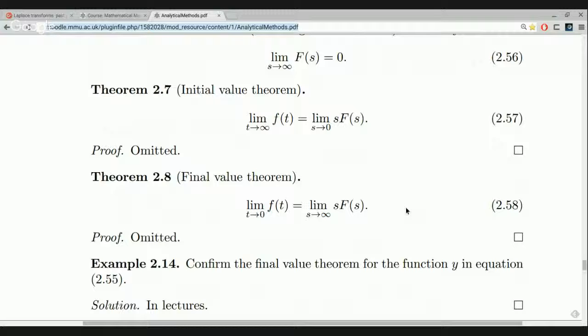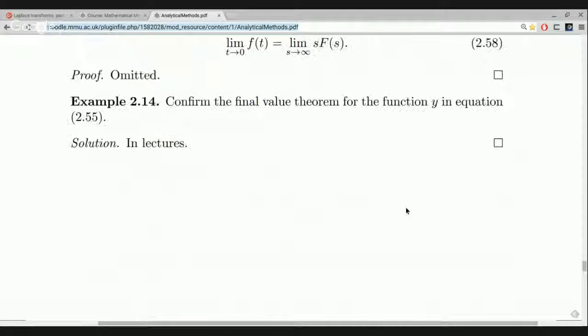It will hold everywhere where the Laplace transform exists and the respective limits exist, so that the equation given by the theorem makes sense at all. Okay, so that's kind of the end of the material in the notes on the Laplace transform.